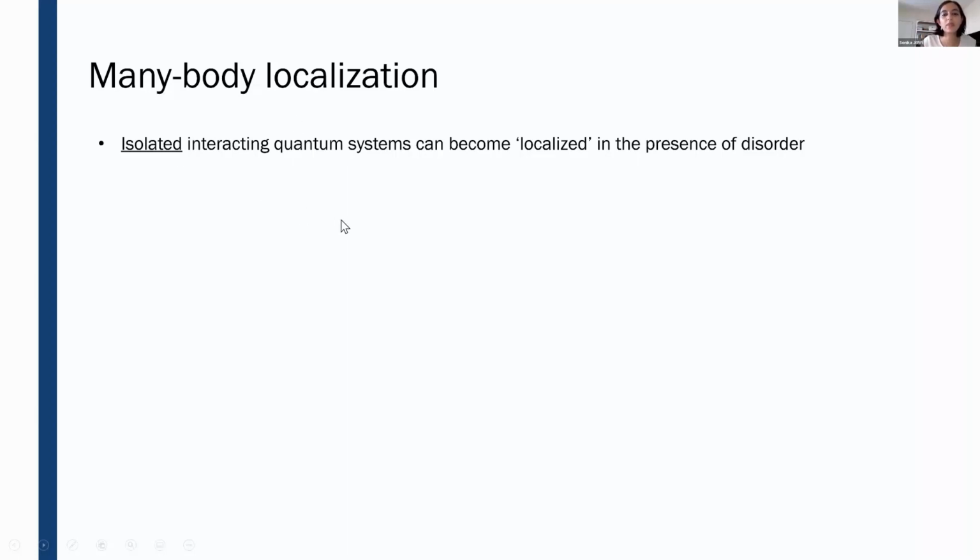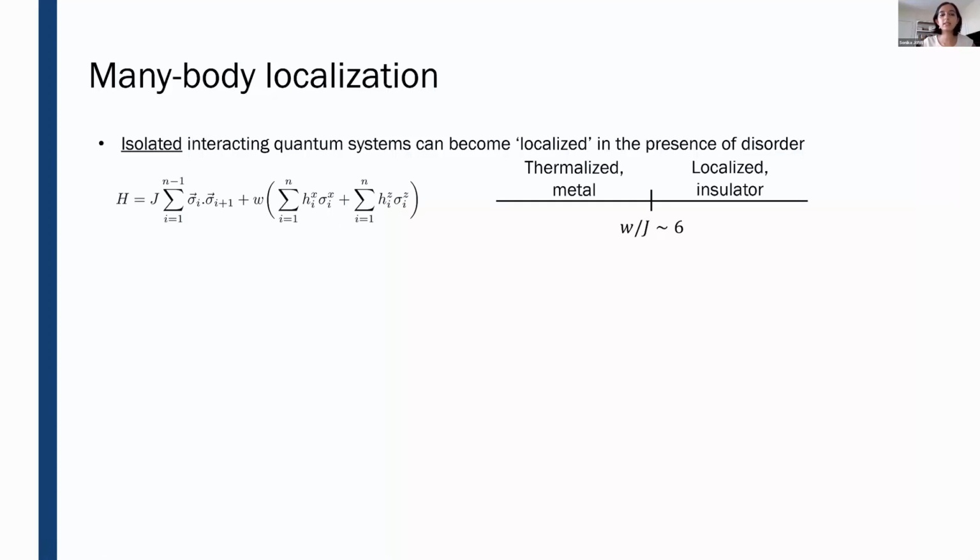Basically, the idea is that if you have a generic quantum system consisting of many interacting particles, it will typically be thermalized, or we can also call it a metal.